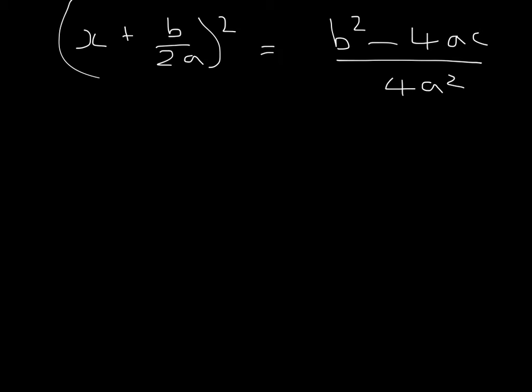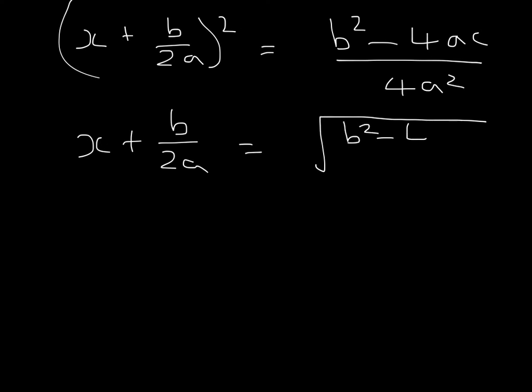Next logical step is to square root both sides, so we end up with x plus b over 2a on this side, and on this side we get the square root of b squared minus 4ac over 4a squared. Now don't forget at this point that it is plus or minus, because both are solutions.